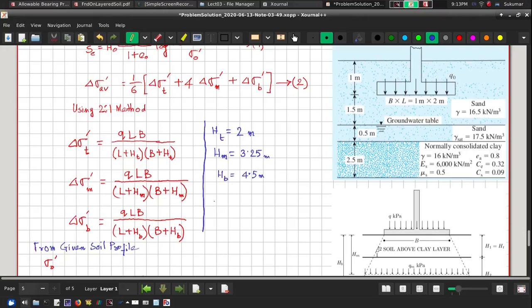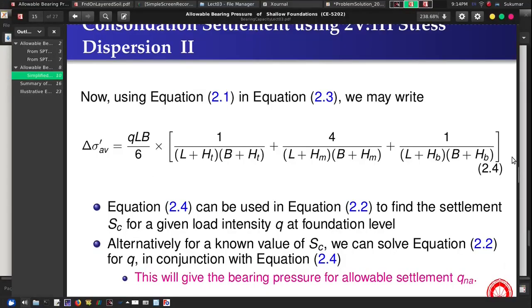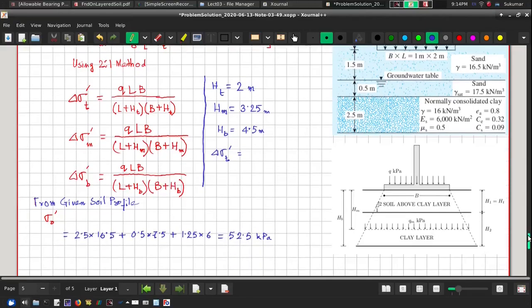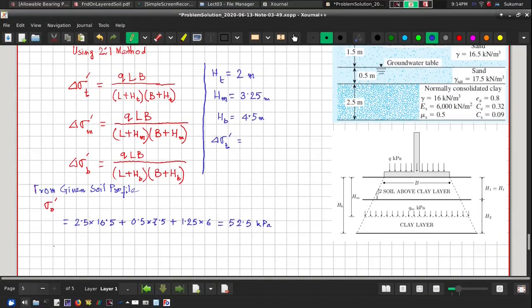Okay, so using this, let us find out delta sigma dash in terms of Q. Let me use this formula in terms of Q, L, B. Then we'll get delta sigma dash average equal to Q into L into B. What is L?